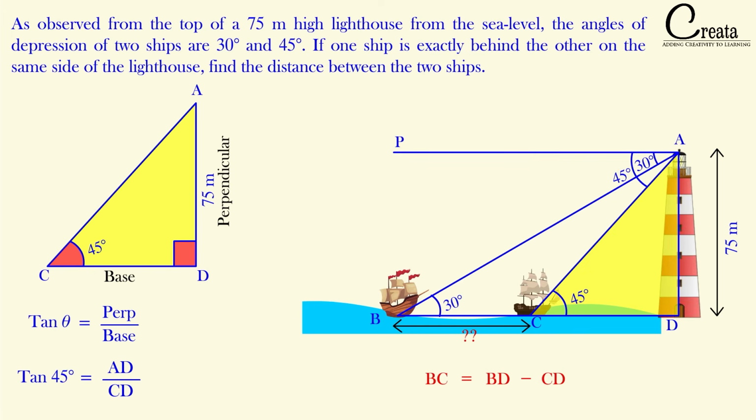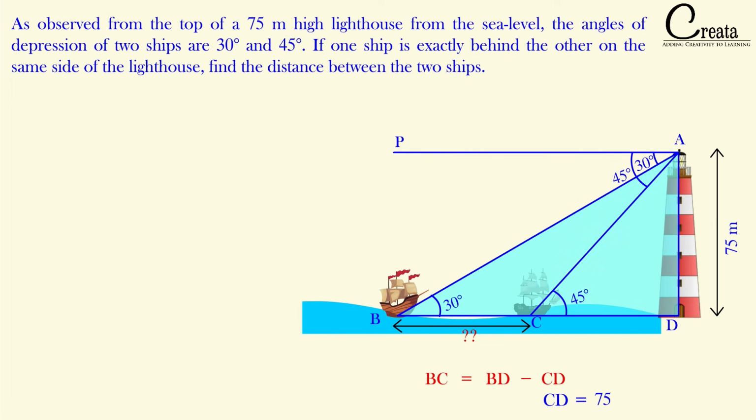So tan 45 is equal to AD upon CD. And AD is given as 75 meters, and the value of tan 45 degree we know is 1. So we got CD as equal to 75 meter. Got it? We got the CD, the base of this triangle, the one component.